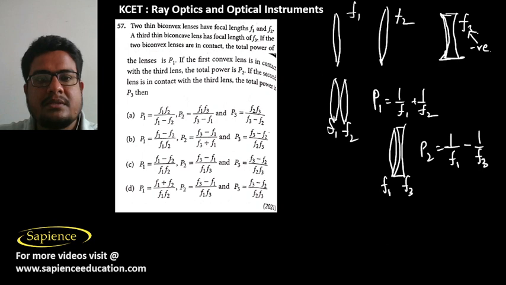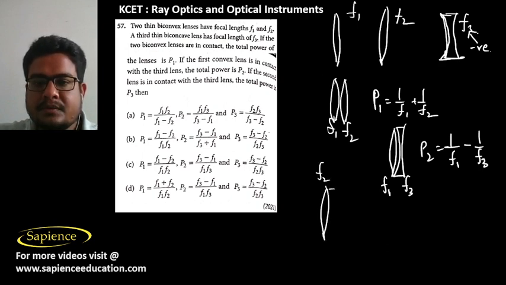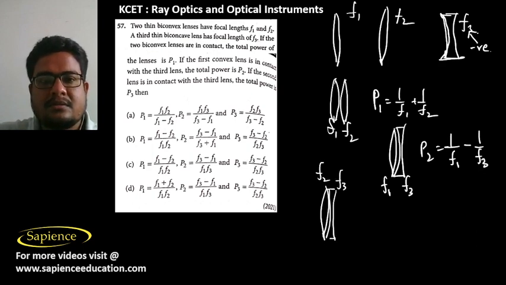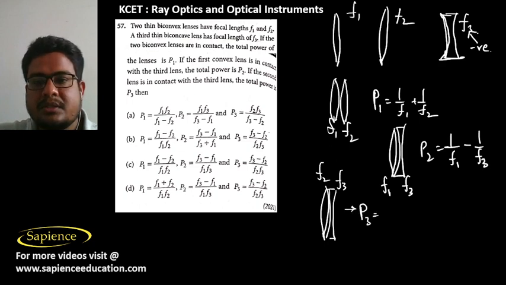If the second lens is in contact with the third lens, then the total power is P3. So P3 I can write will be equal to 1 by f2 minus 1 by f3.